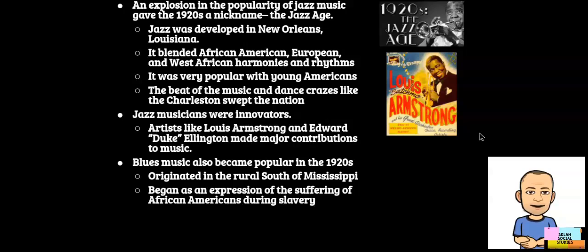Fast-paced dance crazes like the Charleston swept across the nation. Jazz musicians were innovators. They would use improvised musical solos, meaning that rarely were two musical sets the same. And two of the most famous jazz musicians were Louis Armstrong and Edward Duke Ellington.